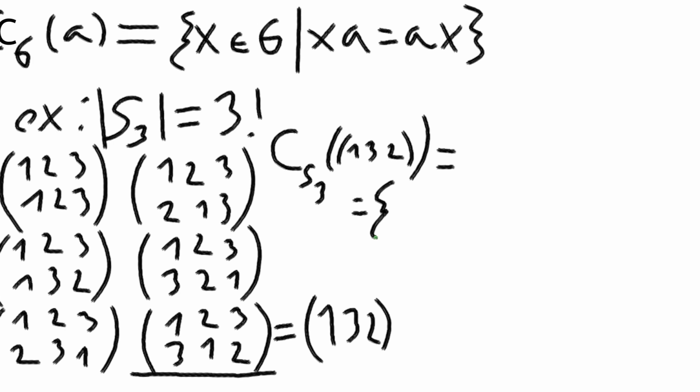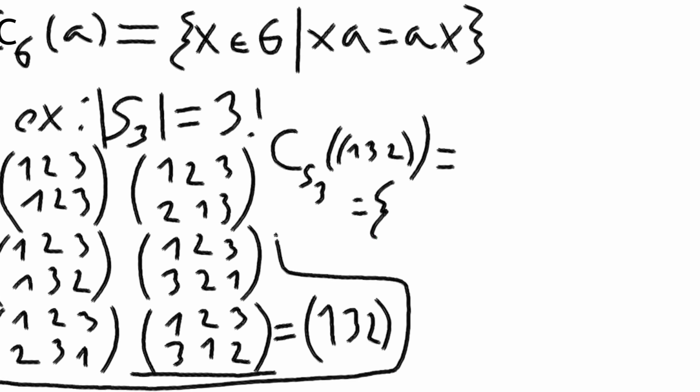For practicality, I will write them in cycle notation, although the individual elements we had written in permutation notation so far. So we're looking for the centralizer of the cycle (1 3 2) among these 6 permutations in S3.